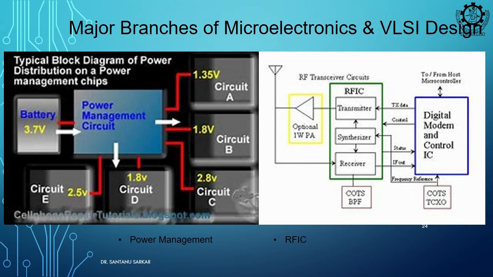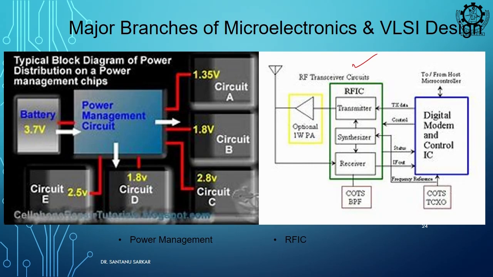So, if you look at your smartphone, you will be having all of these applications. Starting from analog design, there could be an amplifier. Starting from digital design, there is a processor. You have RFIC, you have antenna, transmitter, receiver, and even MEMS compatible circuits.